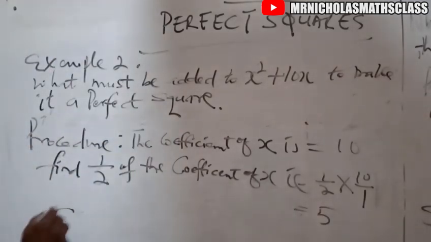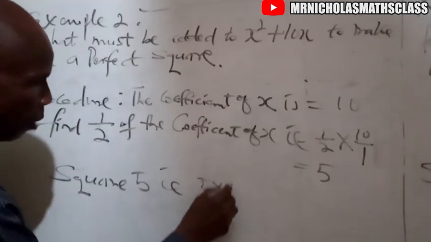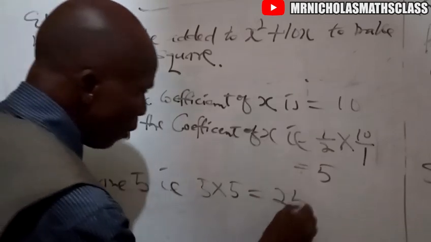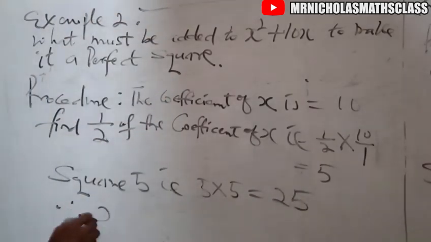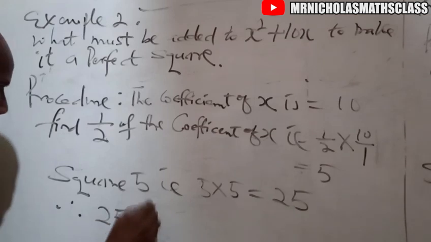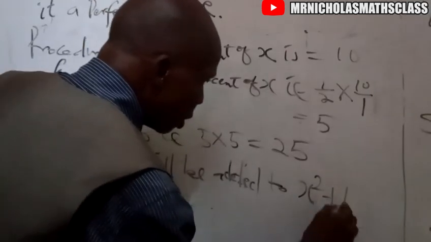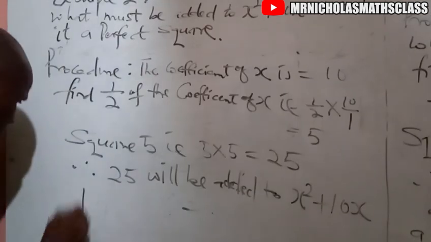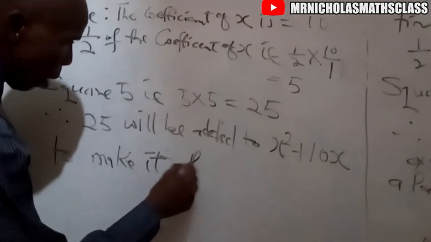Then square 5. To square 5 means 5 times 5. It will give us 25. Therefore, 25 will be added to s squared plus 10s to make it a perfect square.